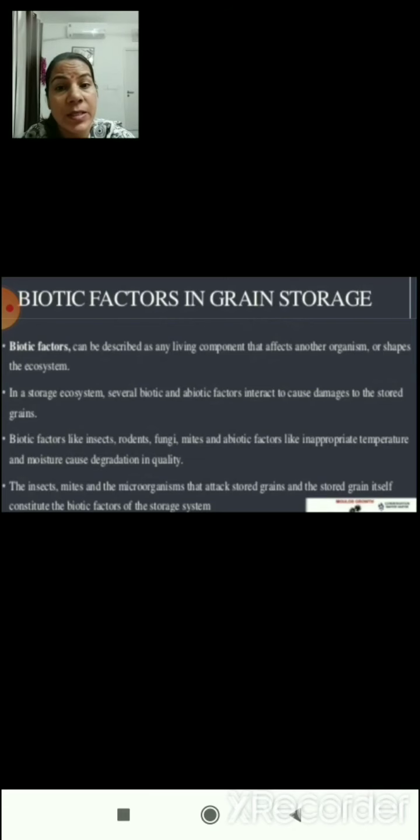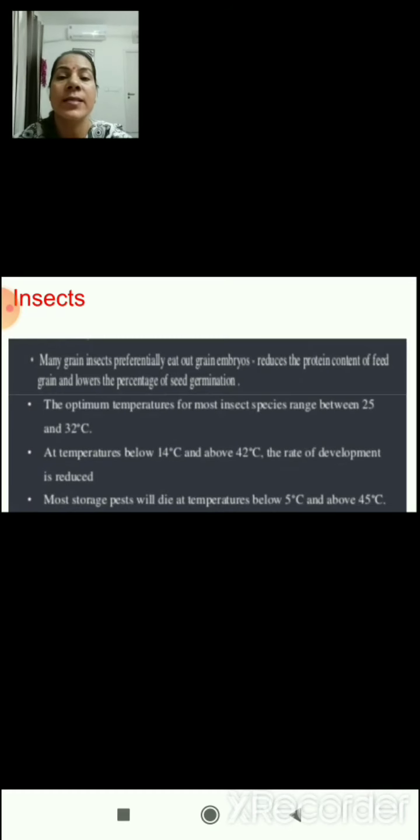The insects, mites, and the microorganisms that attack stored grains, and the stored grain itself, constitute the biotic factor of the storage system. So let us discuss all the factors which are included in the biotic system.